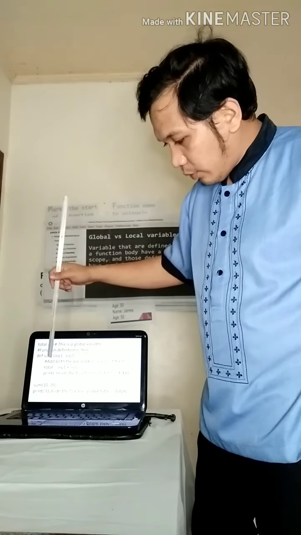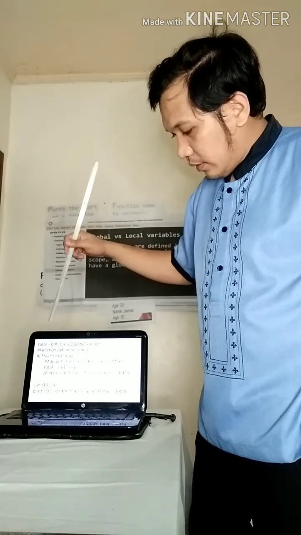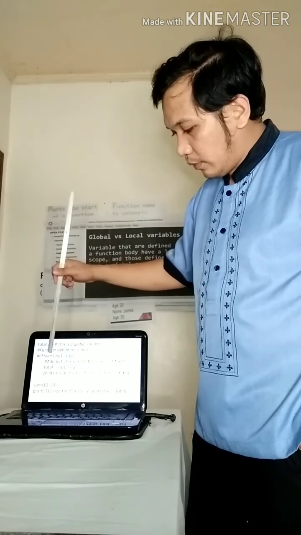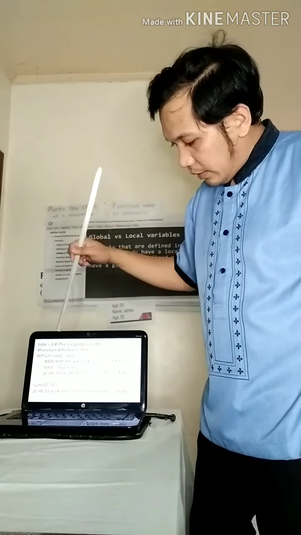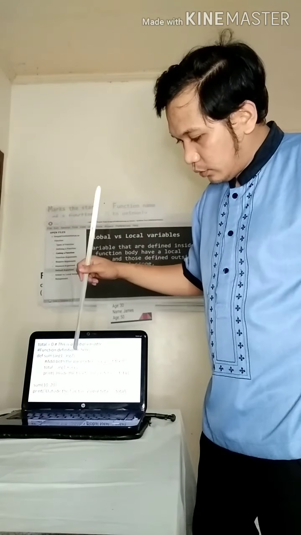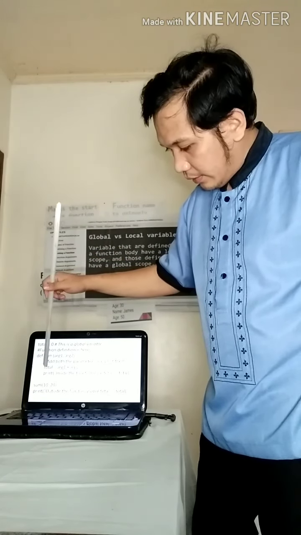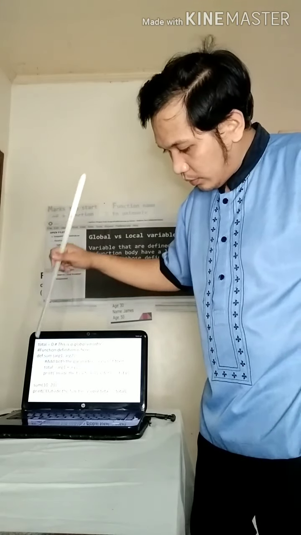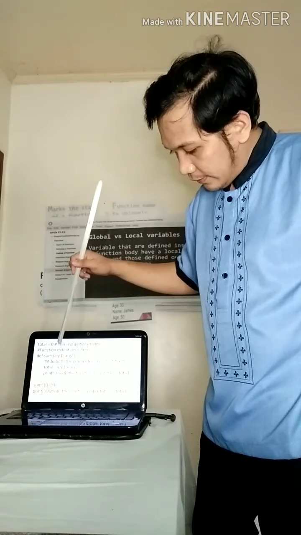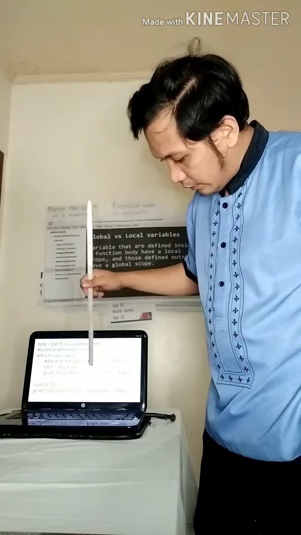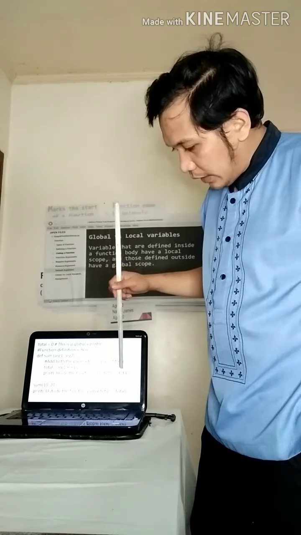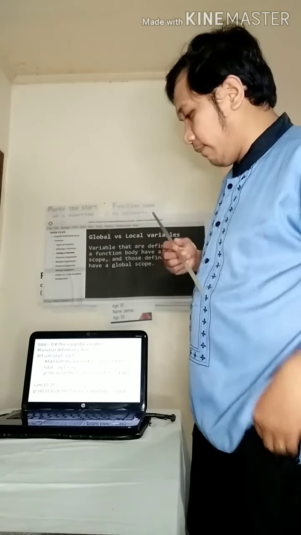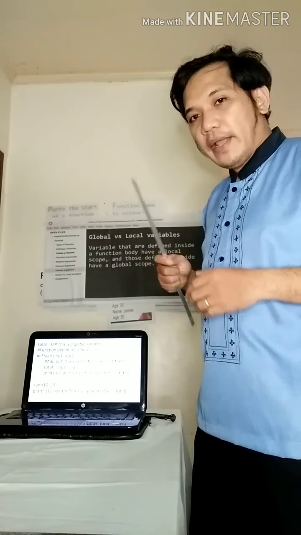Our main code inside the function is total equals arg1 plus arg2, and the next line prints the string "inside the function local total" plus the total variable.